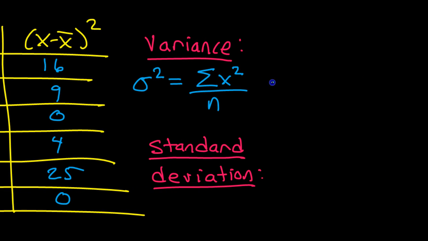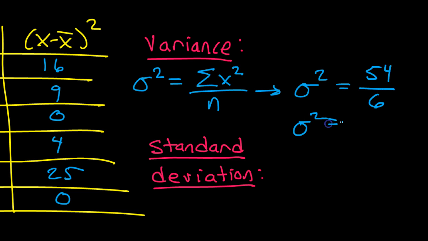If I add up all these squares, I get 54. There are 6 elements, so it's 54 divided by 6. That's why the variance is 9. Now, the standard deviation is the square root of this.